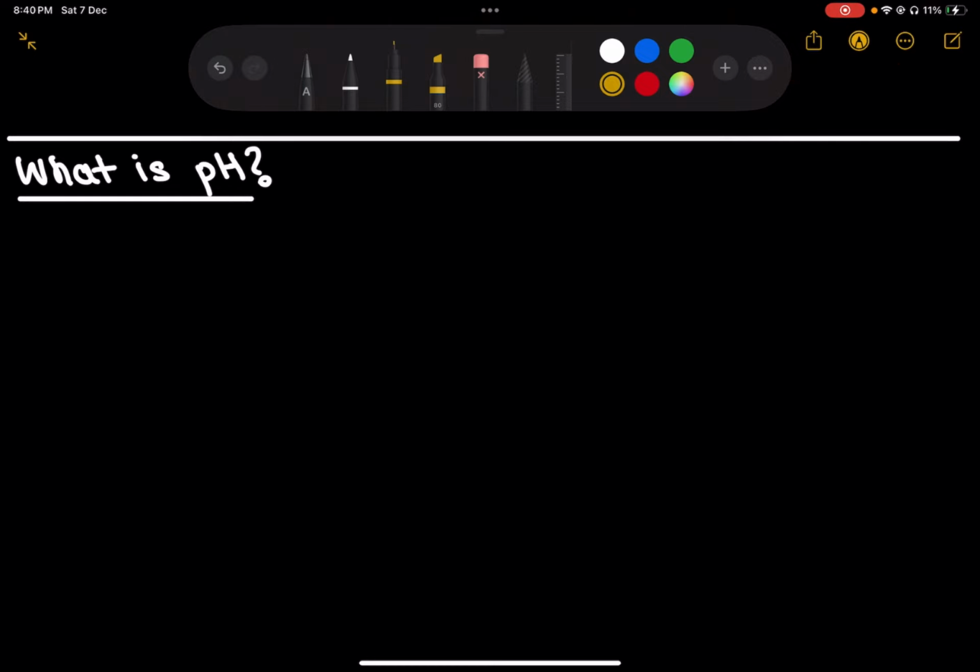What exactly is pH? So up till now, we have seen that acid-base indicators are used to distinguish between an acid and a base. We have also seen the differentiation of ions, H plus in acids, OH minus in bases.